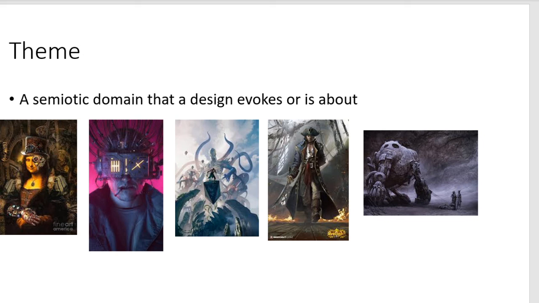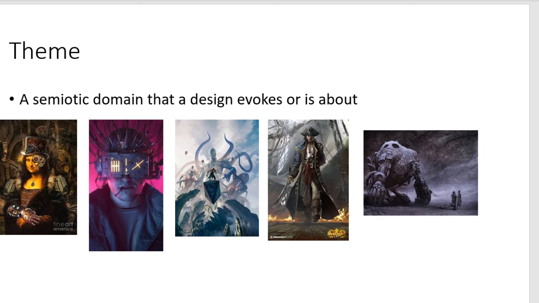How to explain this? It's the messages that are encoded in the imagery or the words that instantly make the person go, aha, so this is this type of world.